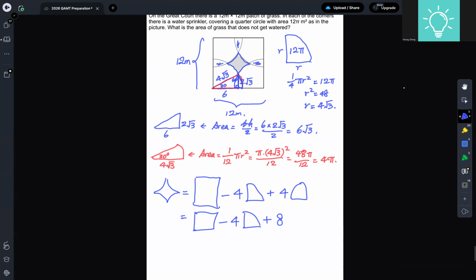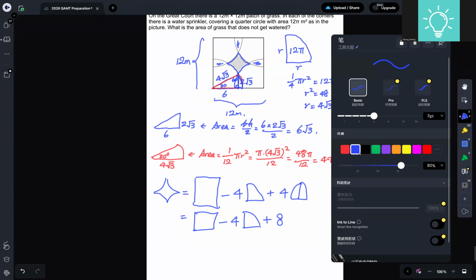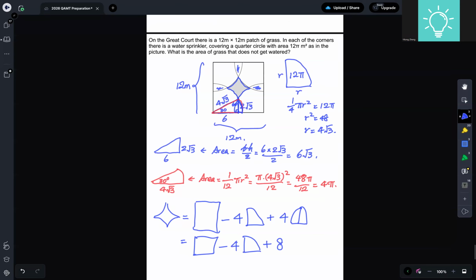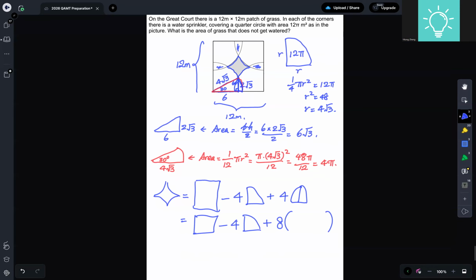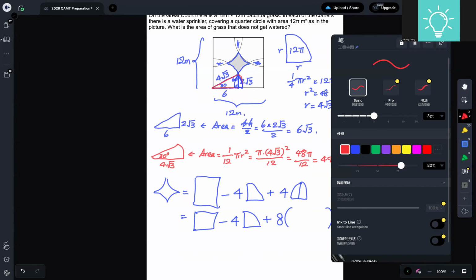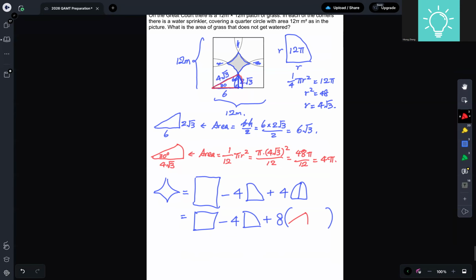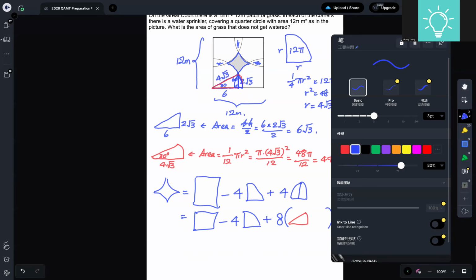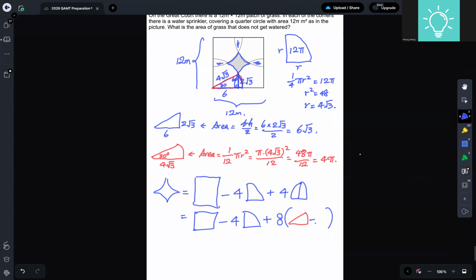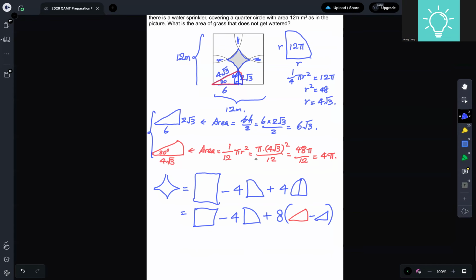That's half of that. So 4 times that there is just 8 times one of those halves. And 8 times the halves is 8 times the sector minus our favorite triangle, which is these two here, right? Okay.